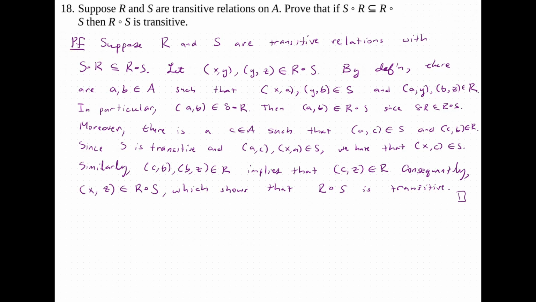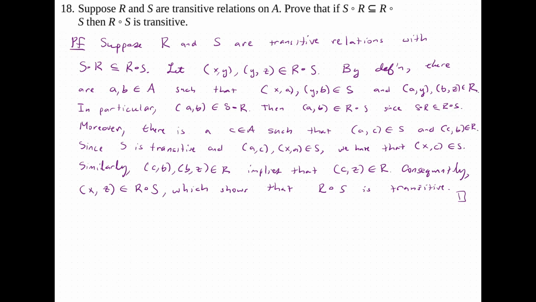Now from this, we make the observation that (a, b) by definition is in the composition of S with R. And now the assumption of the containment tells us that (a, b) is in R compose S. We use the definition of composition once more to deduce the existence of some c such that (a, c) is in S and (c, b) is in R.